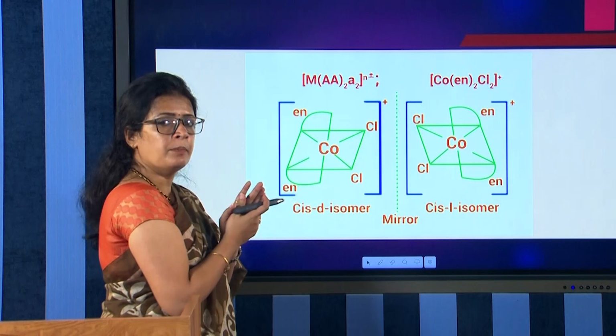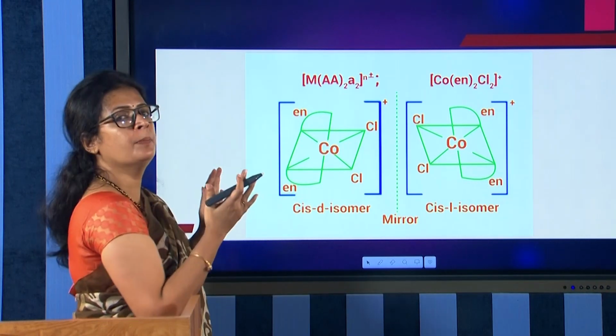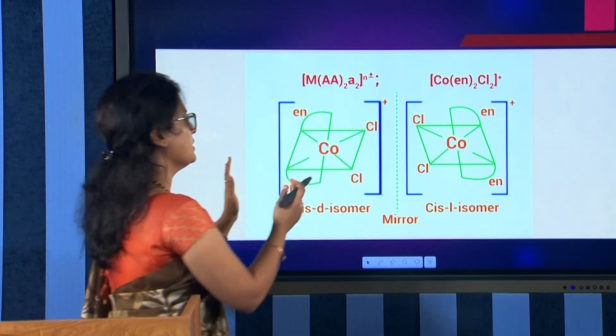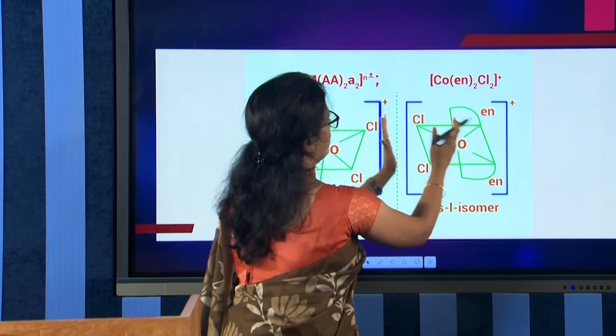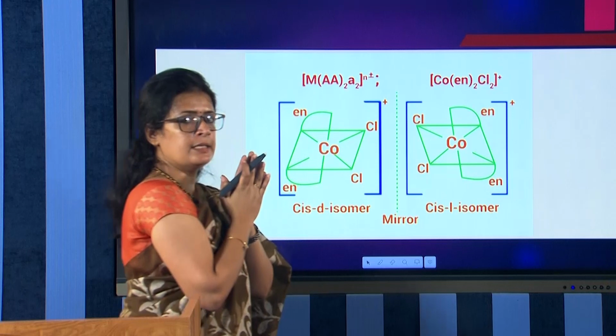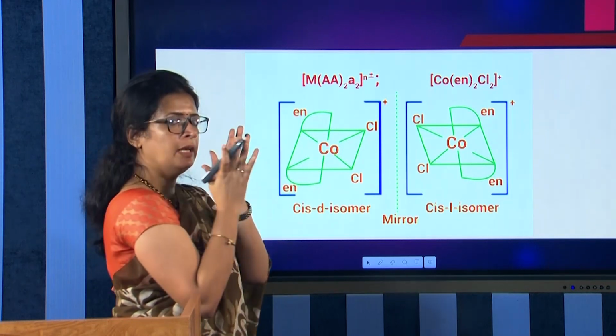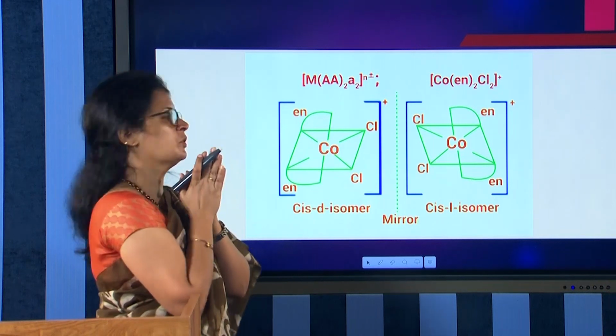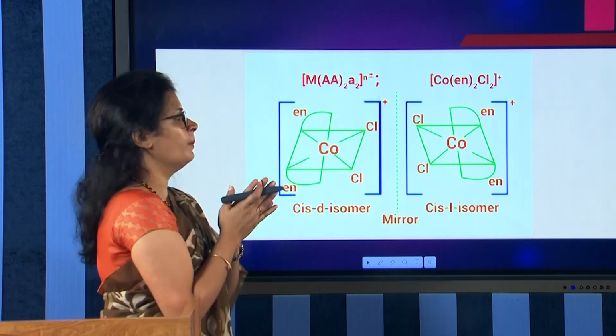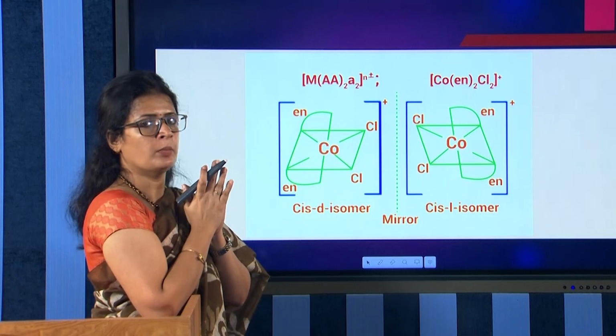Are they superimposable? No, they are non-superimposable mirror images. If I fix this complex here, will there be any symmetry, or will it be a superimposable form? No. So such complexes are called enantiomers.